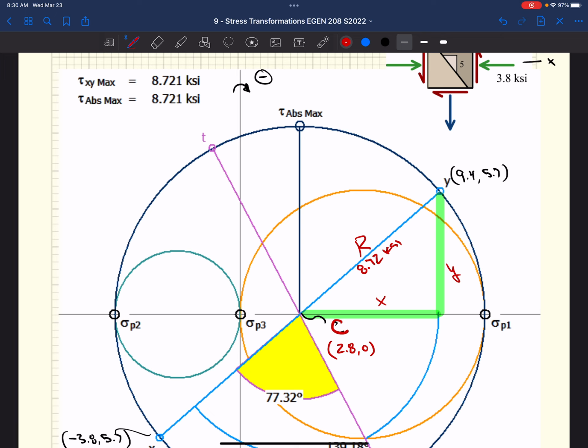If you were going to use an equation, how would you calculate sigma 1 and sigma 2? 2.8 plus the radius, and then 2.8 minus the radius, right? So it's the center plus the radius, and center minus the radius. That's all we need to do, calculate that.